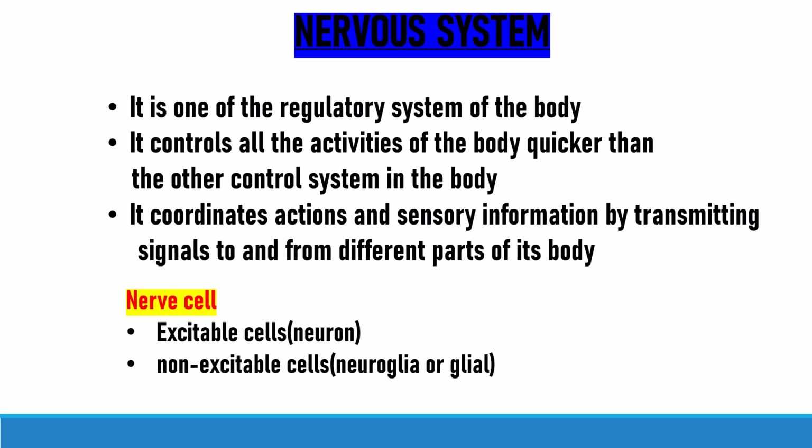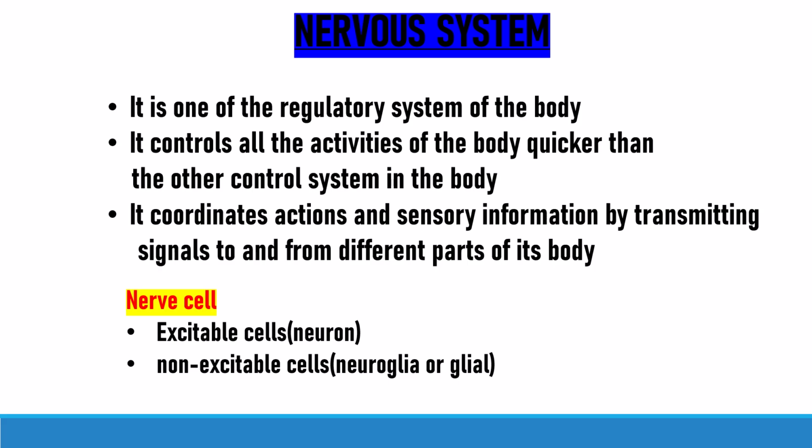The excitable cells are known as neurons. Neuron is the basic structural and functional unit of the nerve system. They can produce the action potential so that they can transmit the signals from one part to another part of the body. The next type is known as non-excitable cells.